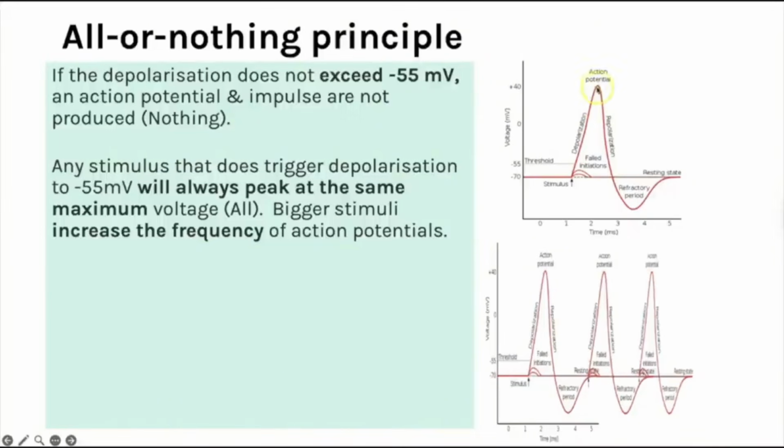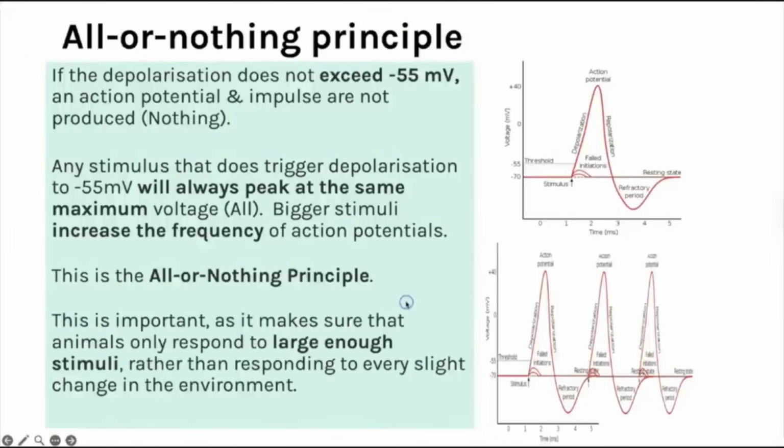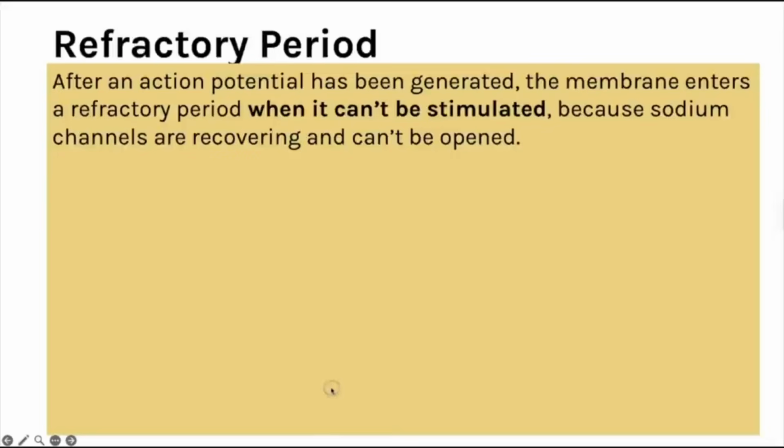Bigger stimuli do not increase the voltage any further. Instead, they increase the frequency at which the action potentials are generated. So that's the all or nothing principle, and it's important because it makes sure that animals only respond to these large enough stimuli rather than responding to every slight change in our environment.